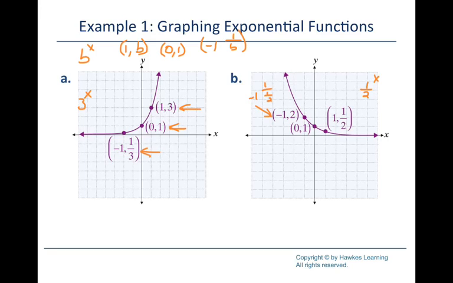I have 0, 1, and I have 1 and the base itself, which is 1/2. So you always have 1 and the base, 0, 1 is a point, and -1 and 1 over the base. Those are 3 points you can plot for every exponential function without having to calculate anything. You just know they're points on the graph.